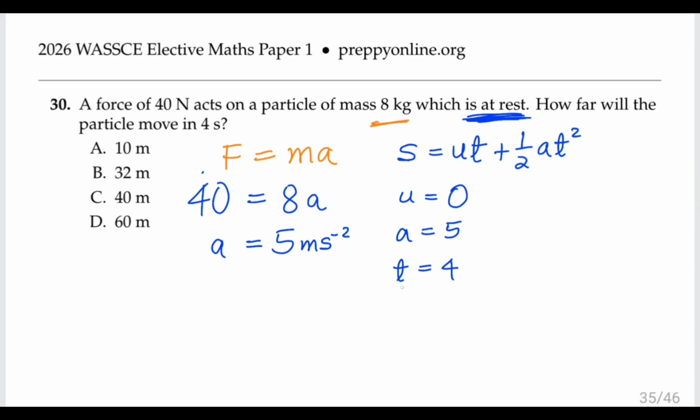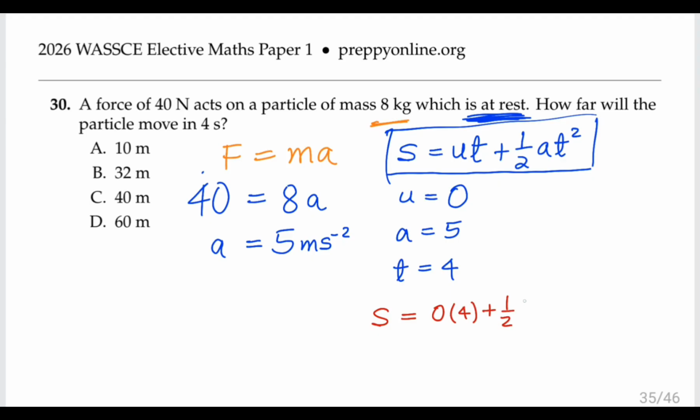So if we substitute these values into this equation, what does it give us? It gives us S, which is the distance, equals u, which is 0, times t, which is 4, plus half a, which is 5, times t squared, which is 4 squared.